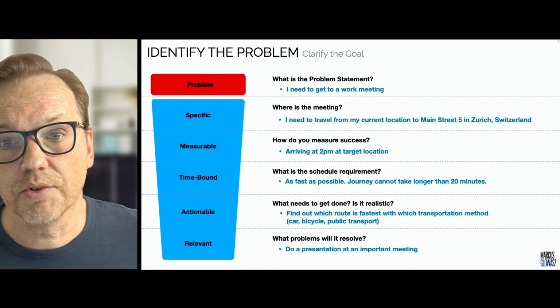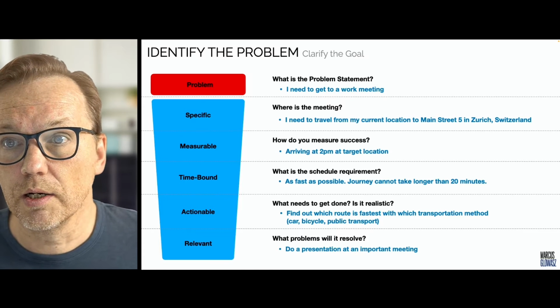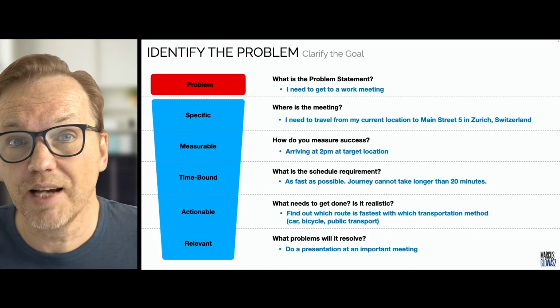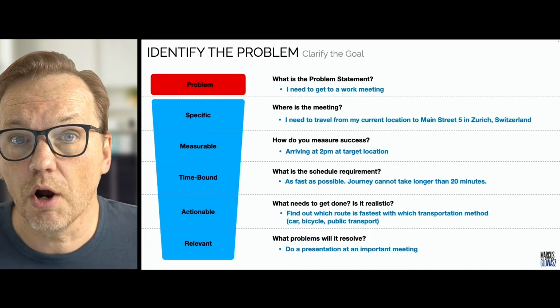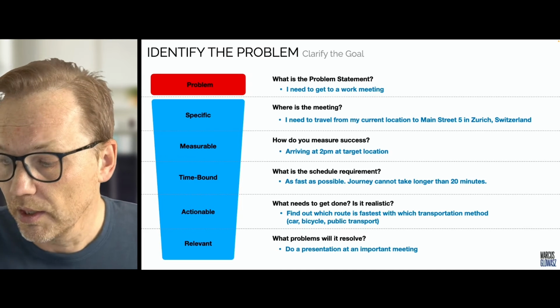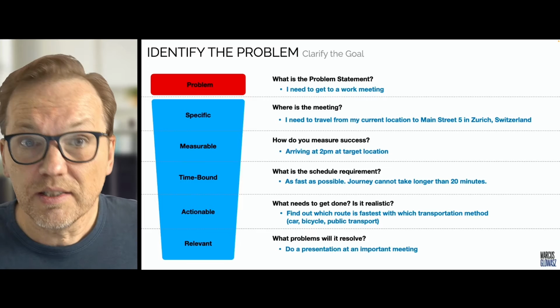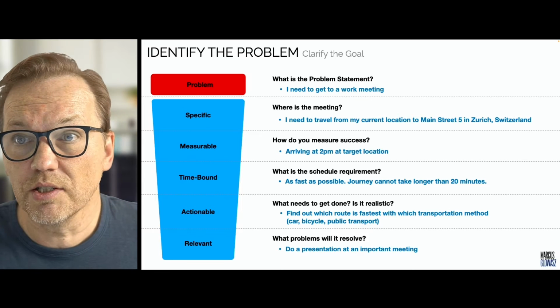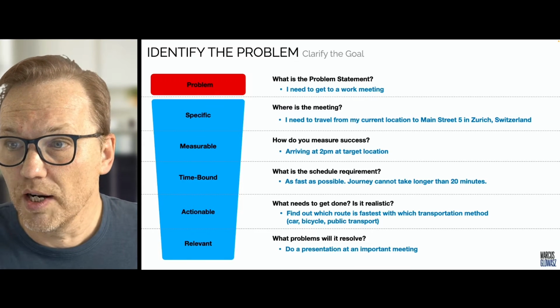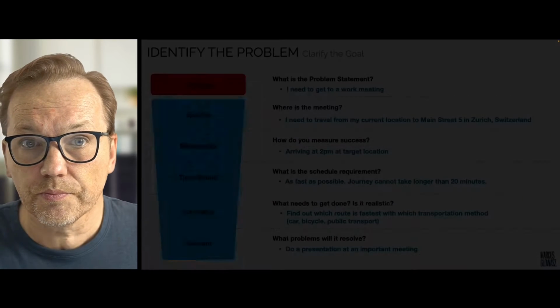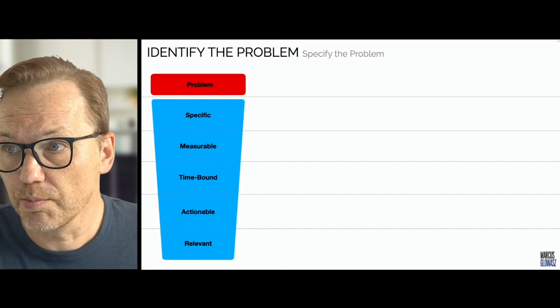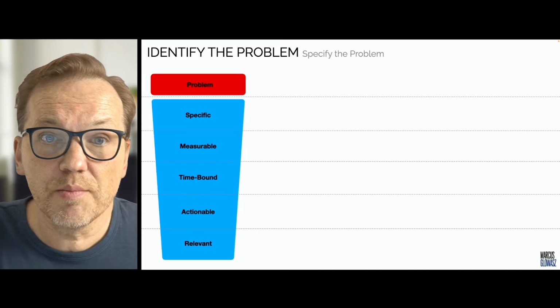So this is really important to define the problem and identify the real root cause and something that we want to look at. So this is about this navigation system problem, but let's look at one example in the project management space. So let's take that same approach here, right?